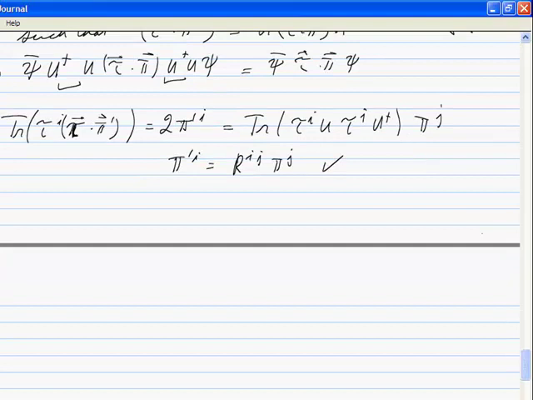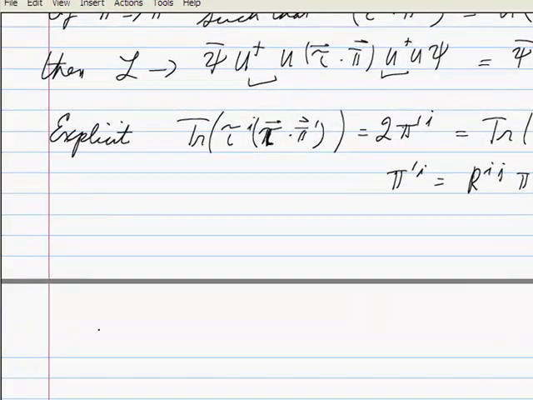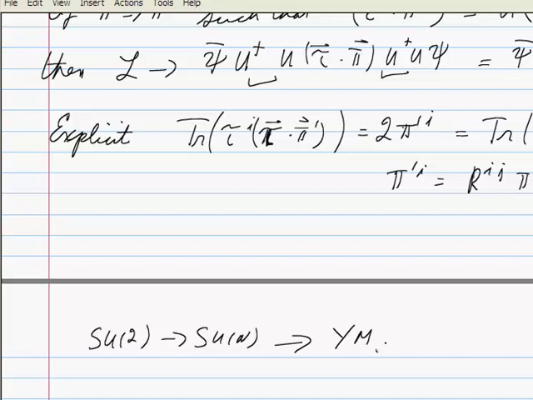I'll just repeat this as a summary, taking SU(2), which we just did, to SU(N), and we'll go from there to Yang-Mills. Okay. And that's not going to take the whole class next time. It's just going to take the starting part, and then we'll transition from that into discussion of path integrals. Okay, good. See you next time.